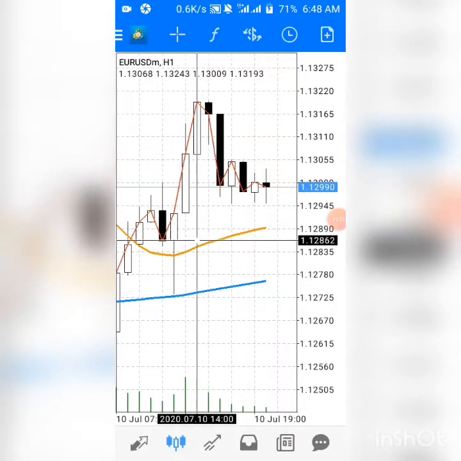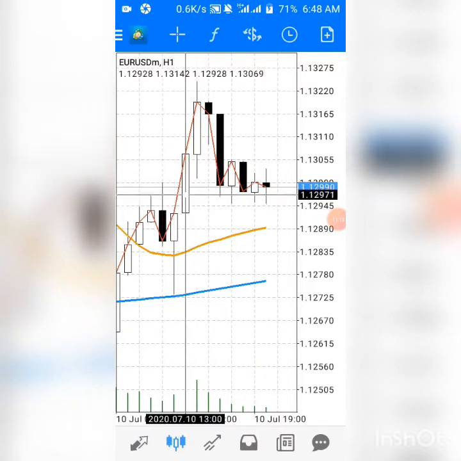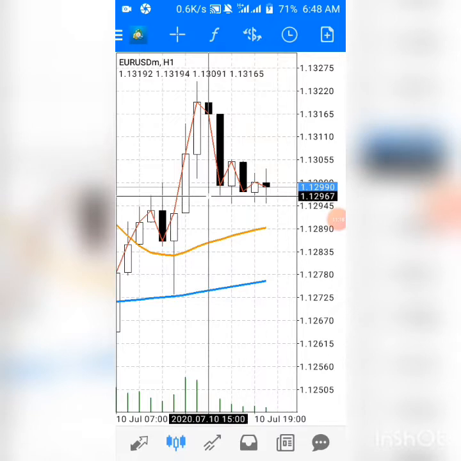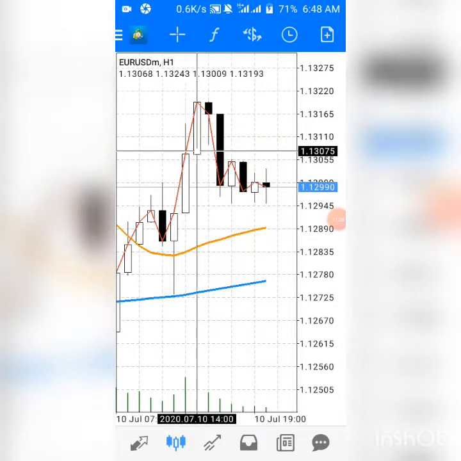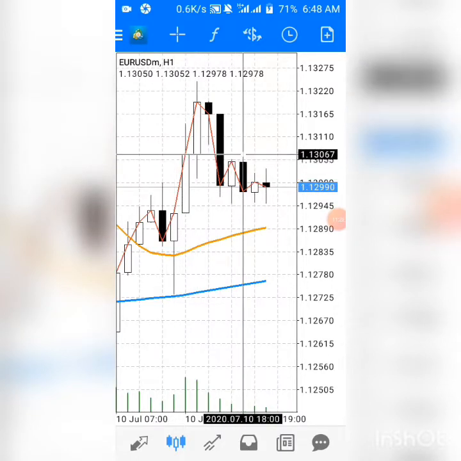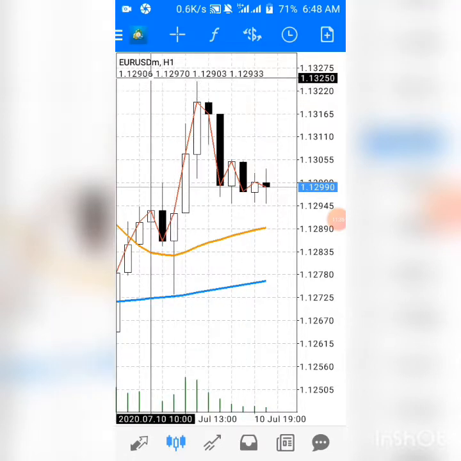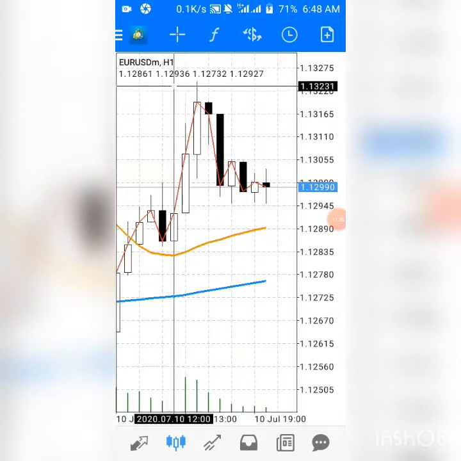If you place the crosshair on any of the candle bars on your screen, at the top part of the screen you can see the quote under the Euro USD. As the crosshair moves, it tells you the quotes of each candle bar.